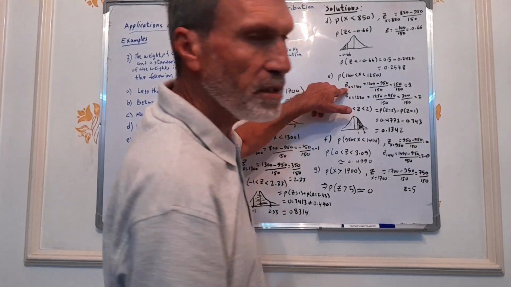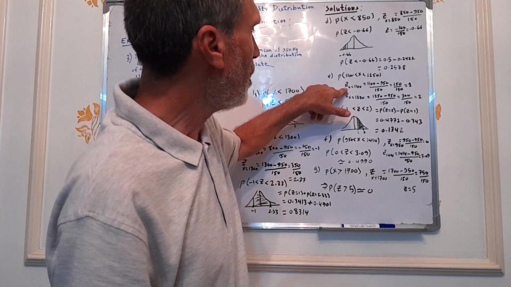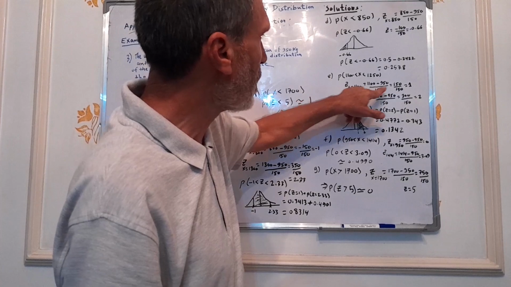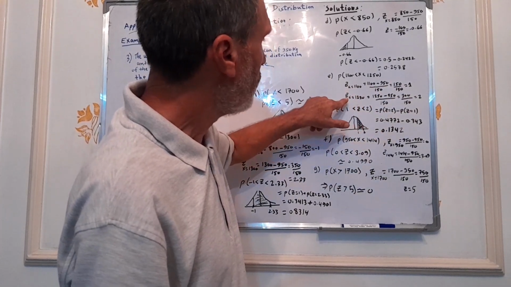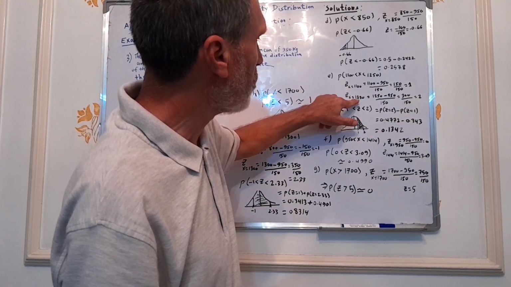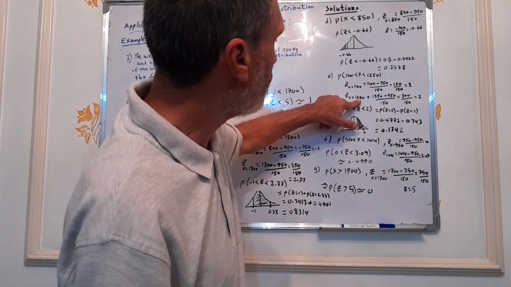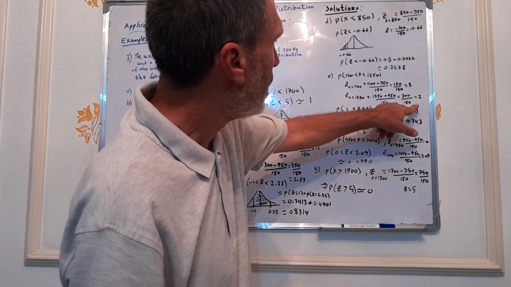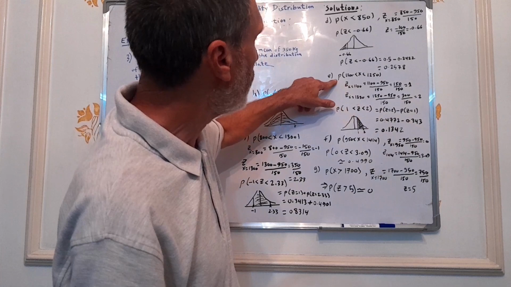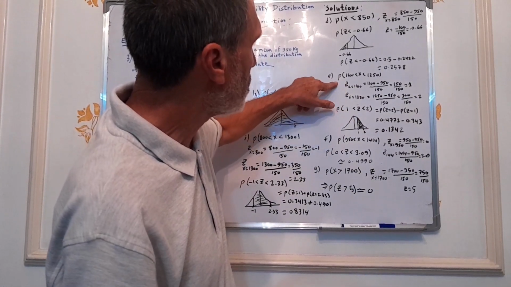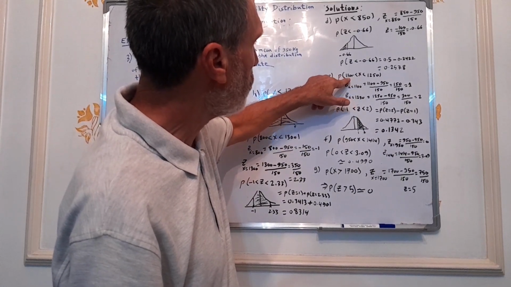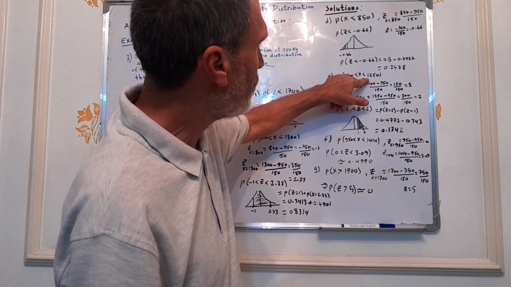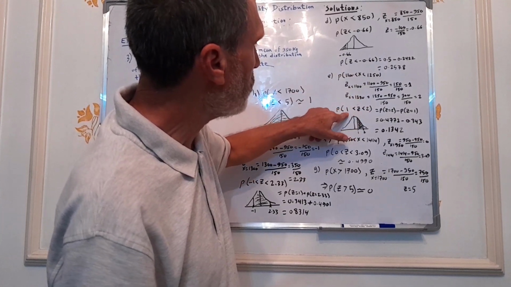We first find the Z when X equal 1,100, we come up with 1. We find Z when X equal 1,250, we come up with 2. So now we convert this one to Z. So probability of X between 1,100 and 1,250 becomes probability of Z between 1 and 2.